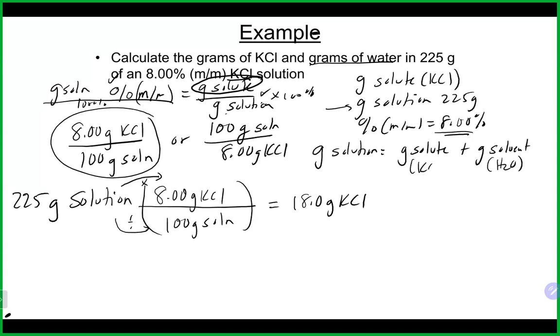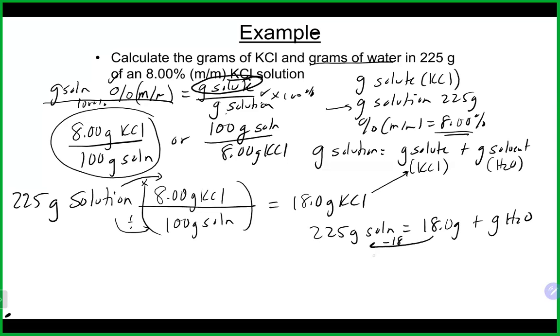That's essentially our KCl, and that is our solution together. So we just solved for that, and we know that the mass of the solution was 225 grams, which would equal our 18 grams of KCl plus the grams of water, which is our solvent.